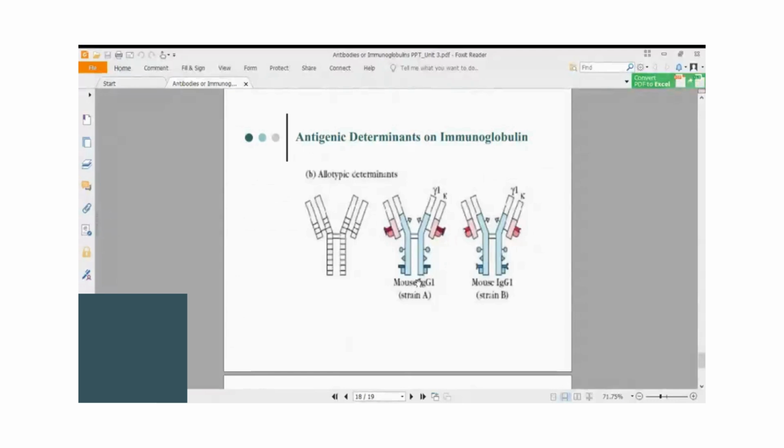Similarly, IgA also is classified into IgA1 and A2. But in A2, there are 3 subclasses. It is mainly because of the difference in the kappa chain of the IgA molecule. So therefore, the allotypic determinants are only the differences in the kappa chain constant region of the IgA molecule.